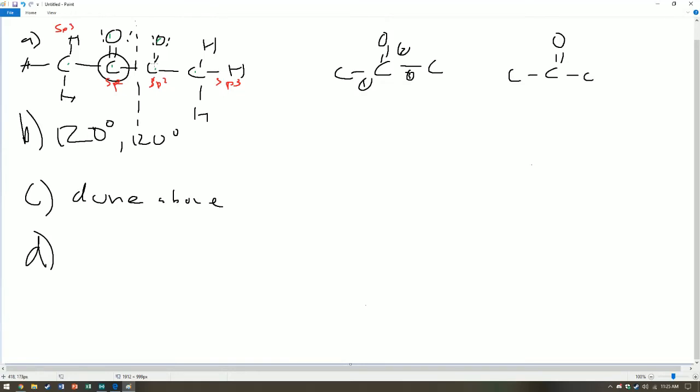And we therefore know that since there are two trigonal planar things stuck to each other, they can. Let me try and phrase this in a way.